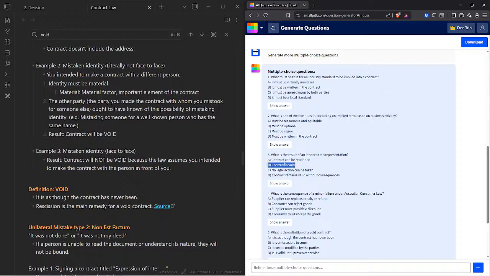Can be so, but what is the difference? If the contract is void, it also can be rescinded. So maybe my notes aren't clear because this is coming from my notes, right?